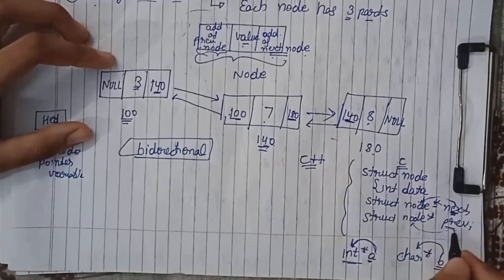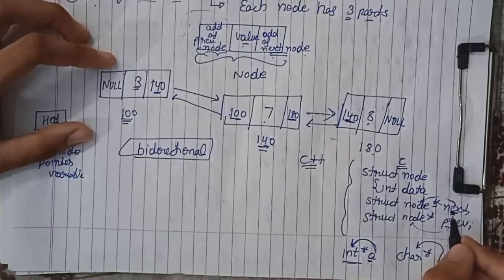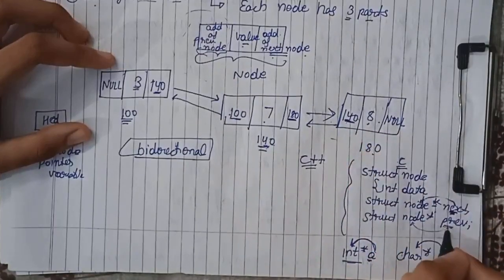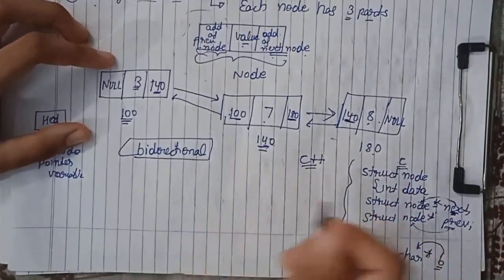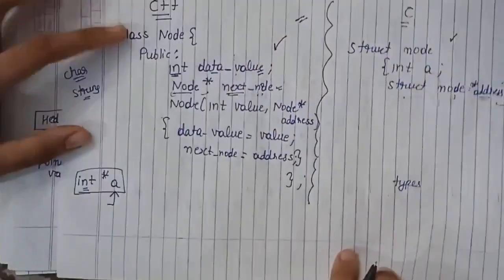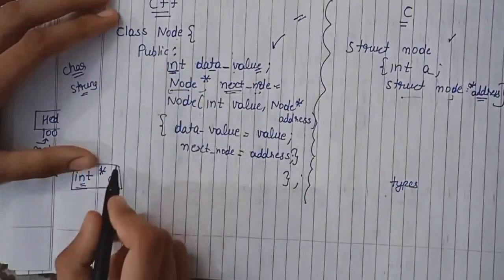And here we have described their names, which suggests that next stores the address of the next node, and previous stores the address of the previous node. And in C++, if I show you my previous code, this code was for the linked list.